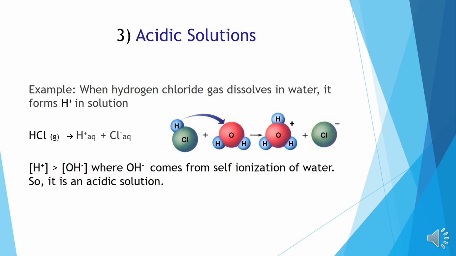Here we want to compare the concentration of H+ with the OH-. The concentration of H+ is greater than the concentration of OH-, where the OH- comes from self-ionization of water. So what do we call this solution? It is an acidic solution.